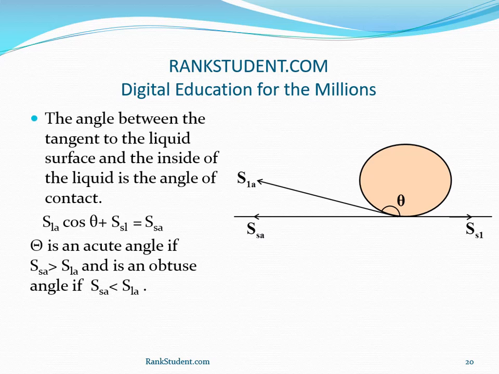Theta is an acute angle if S_SA is greater than S_SL, and is an obtuse angle if S_SA is less than S_SL. It depends on the surface energies of the solid, liquid, and air.